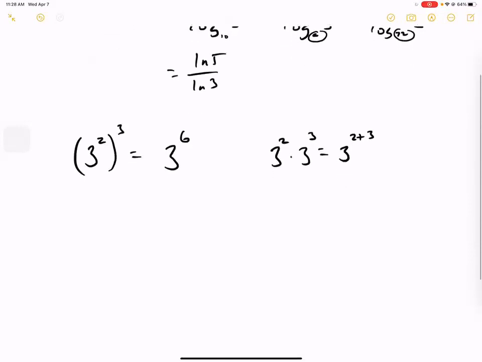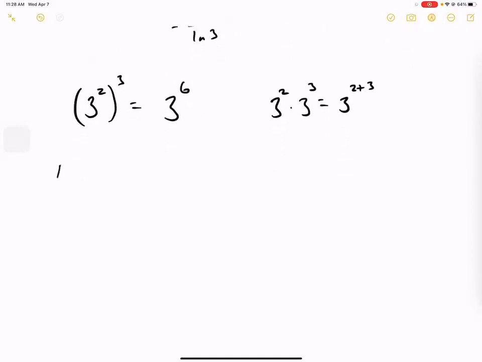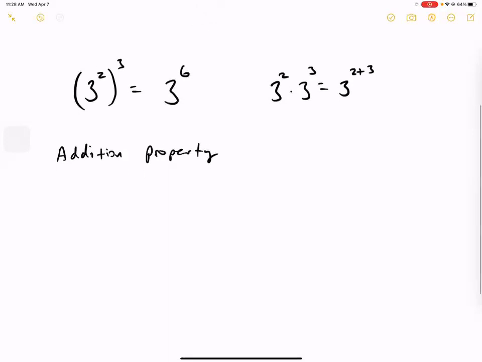And our first rule today is our addition property for logs. So that's add logs.